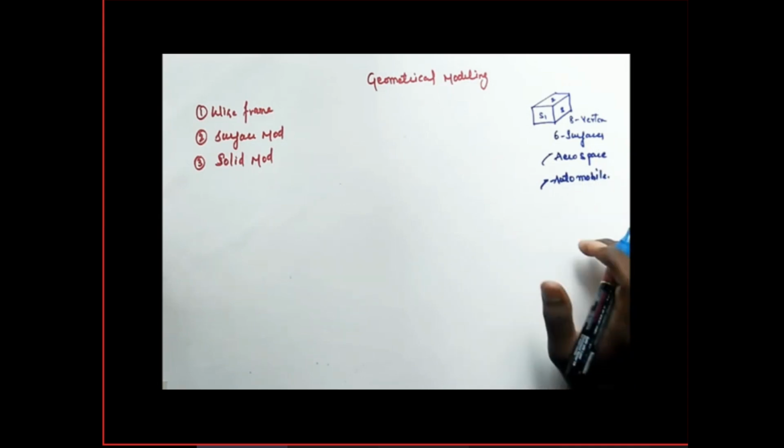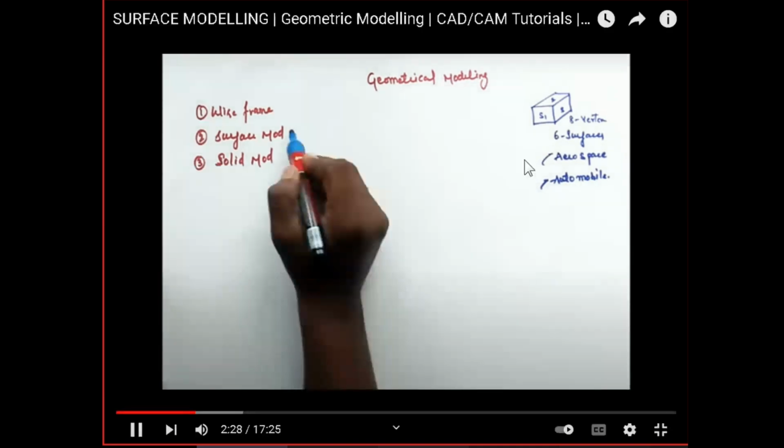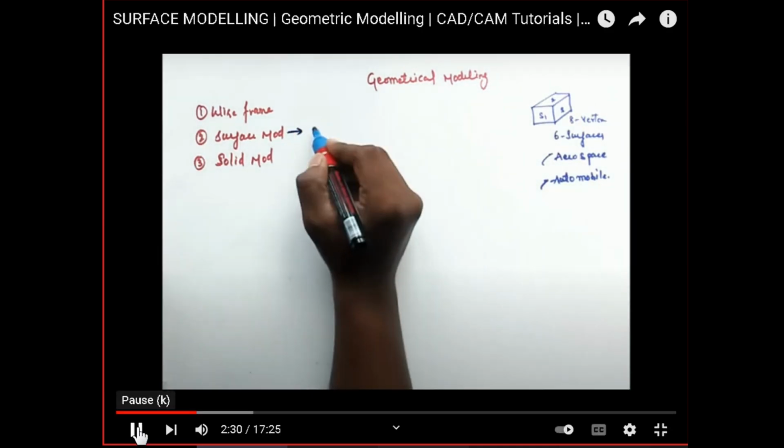Other than this there are many other ways. In the core industry, like to develop a boiler, and in many other cases also, surface modeling will help. Now this surface modeling is of many types.